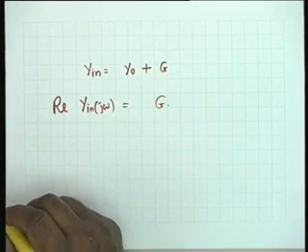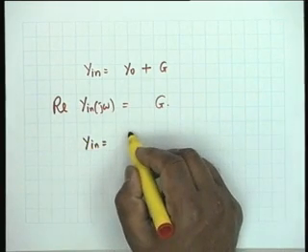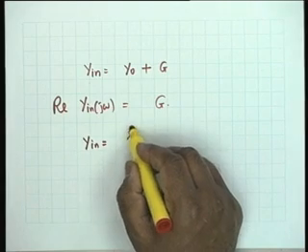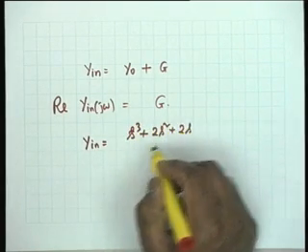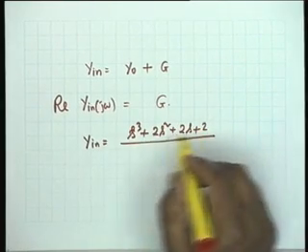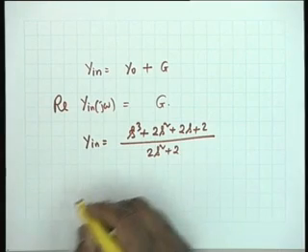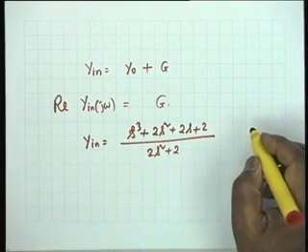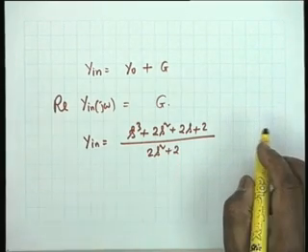All right. And you notice that the expression for Y in is s cubed plus 2s squared plus 2s plus 2 divided by 2s squared plus 2. What is G? How do you know?